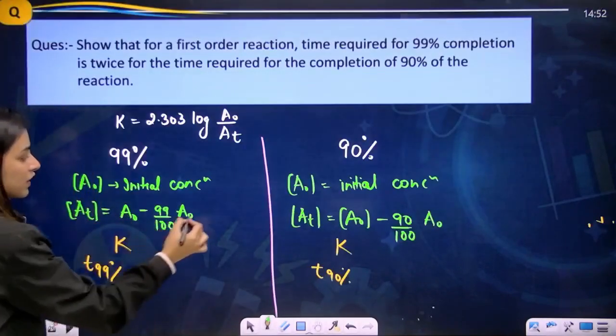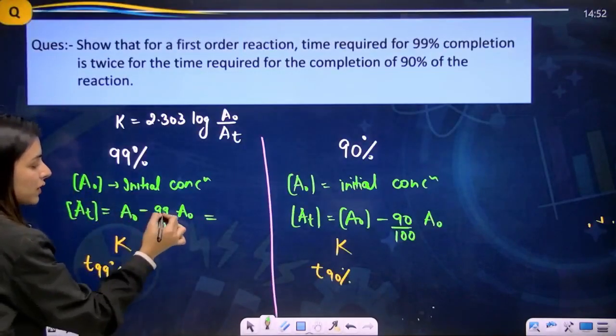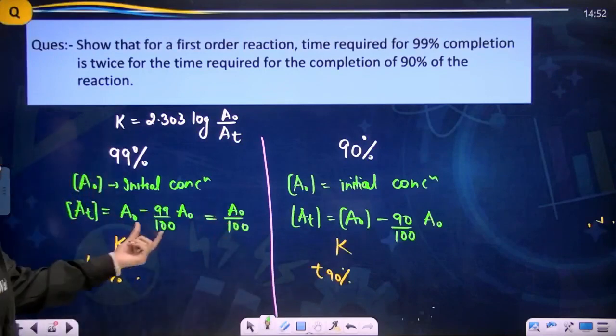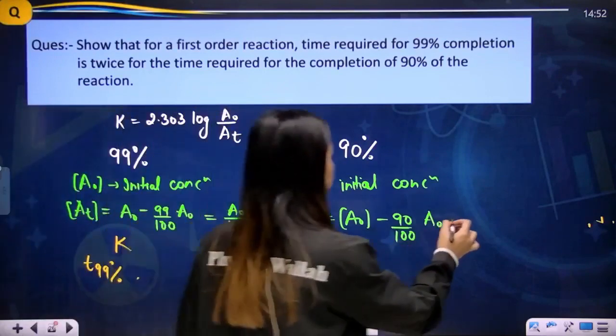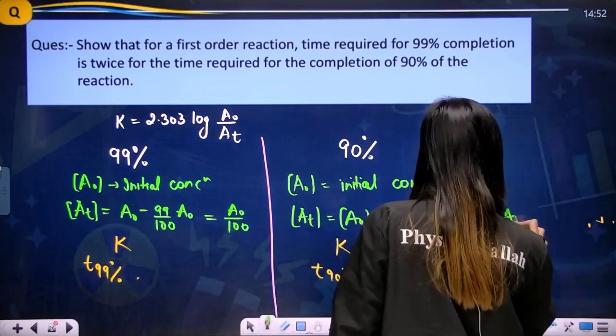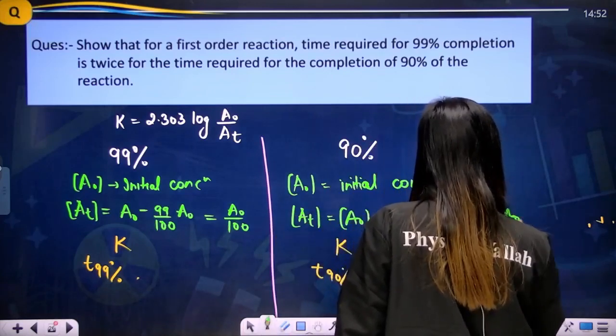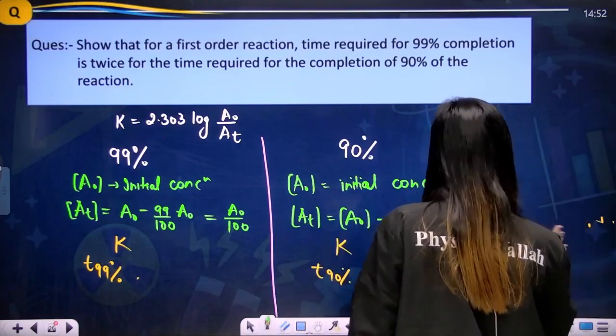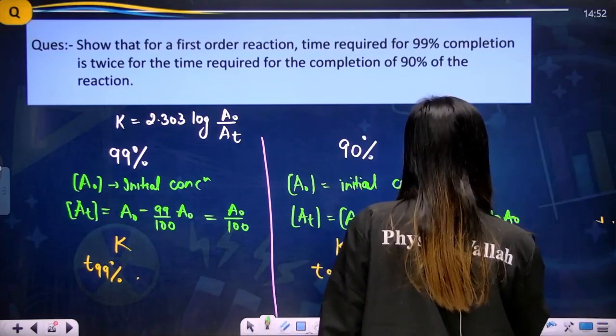This would be A naught minus A naught upon 100, and this would be 10 A naught upon 100, which is actually equal to A naught upon 10. Let's keep it as 10 A naught upon 100 only.